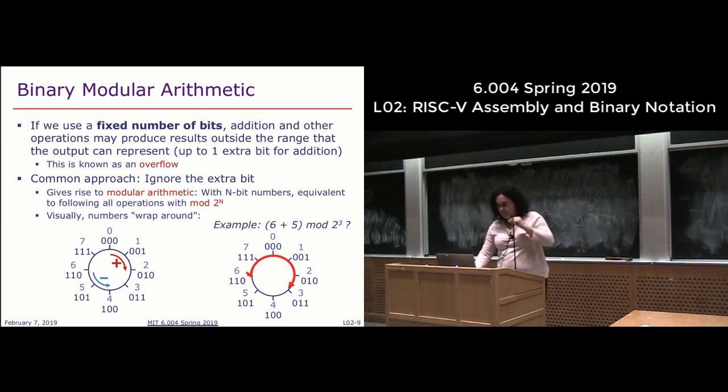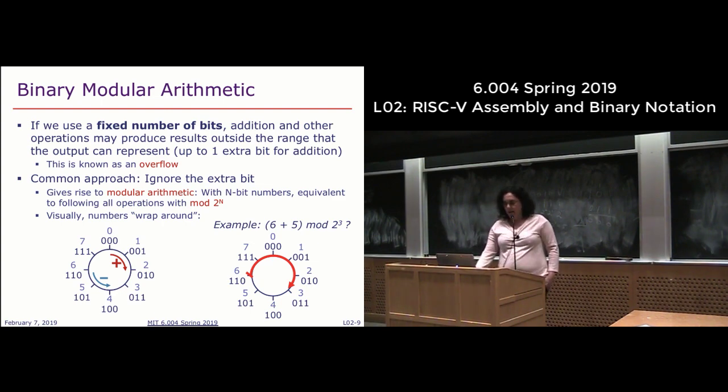Good. All right, so visually you can kind of think of it as numbers going around a circle, where if I had this example of 3 bits, I start off with 0 being represented as 0, 0, 0, then 0, 0, 1, and I keep building up my binary number all the way until I have all the bits being 1, and that represents the largest number that I can represent, which is 7 when I have 3 bits.